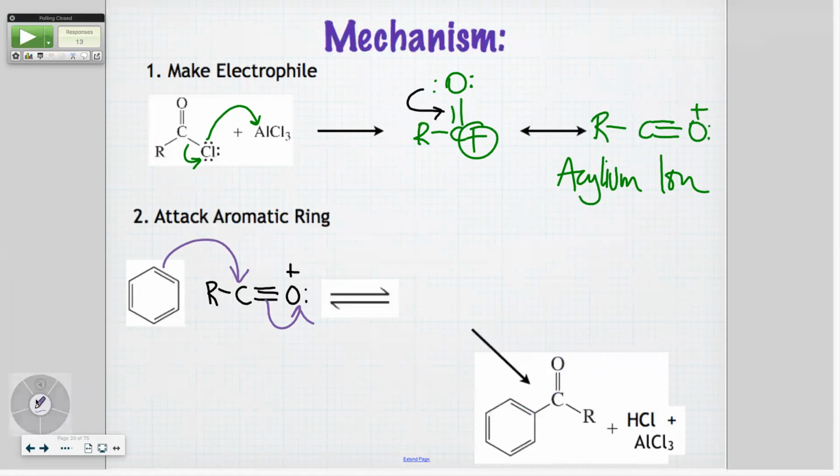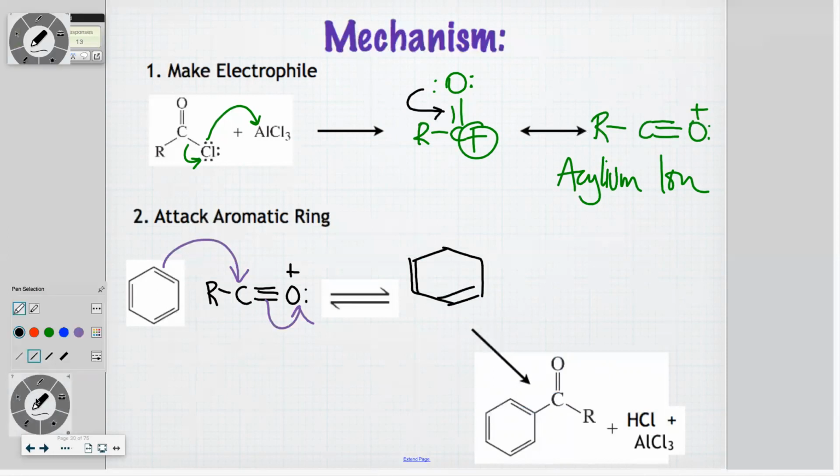All right, so here is our benzene ring. And now we have a bond from the benzene ring to that carbon. So here's our new bond.